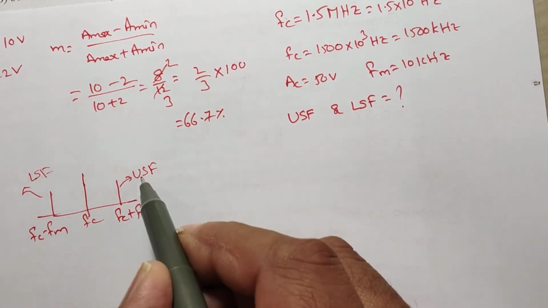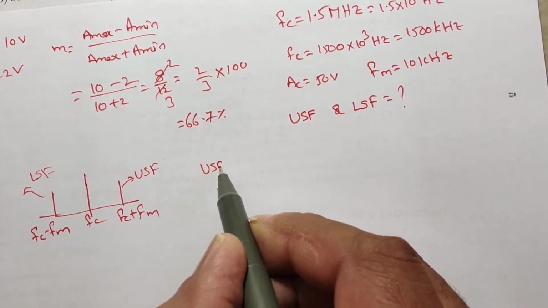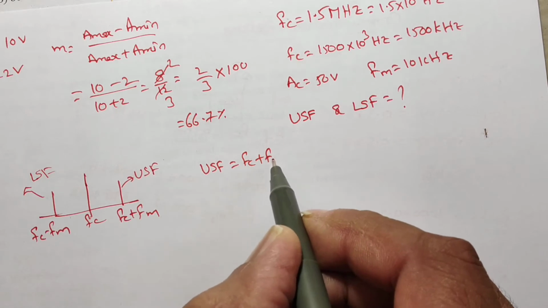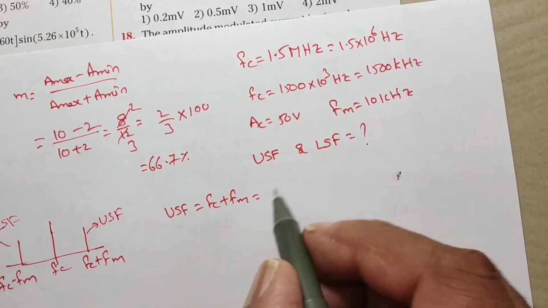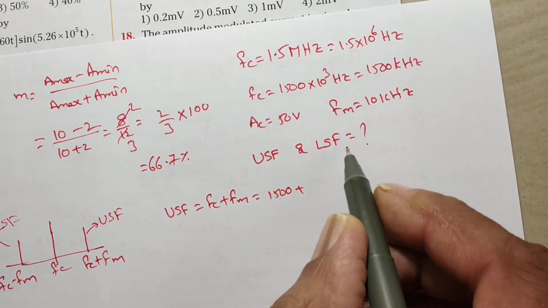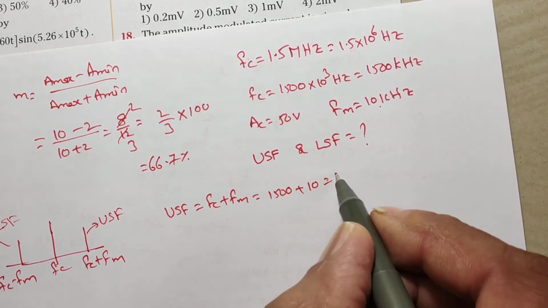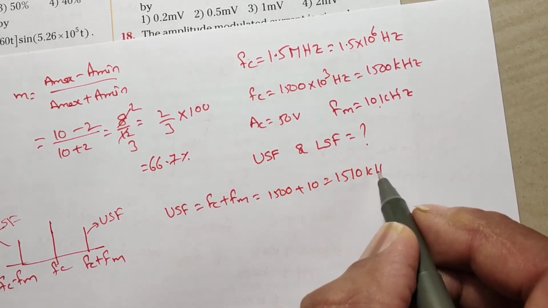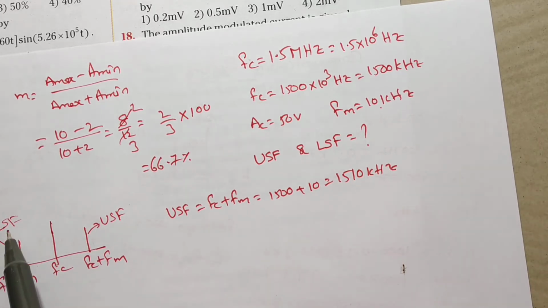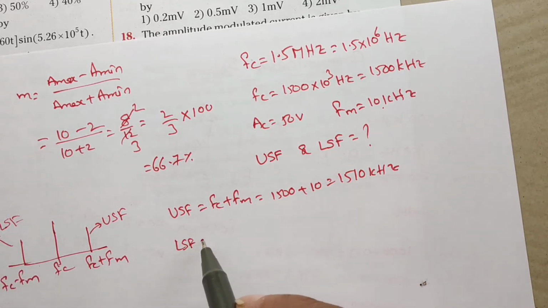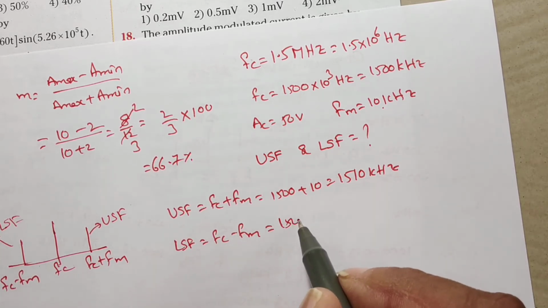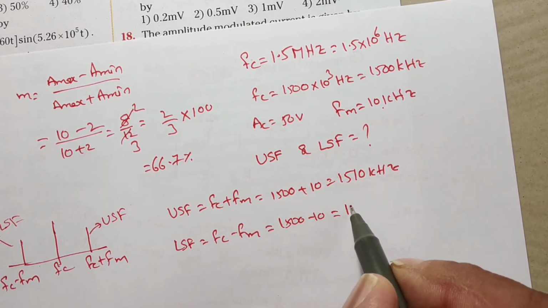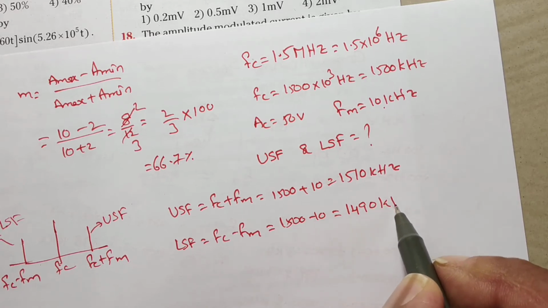First the upper sideband frequency: USF is FC plus FM, that means 1500 plus 10, that means 1510 kilohertz. And the lower sideband frequency LSF is FC minus FM, that means 1500 minus 10, which is 1490 kilohertz.